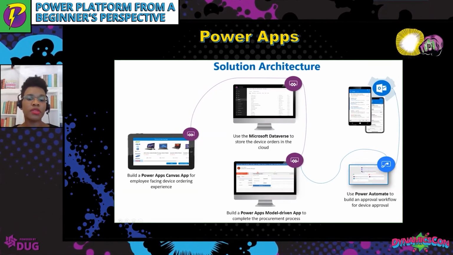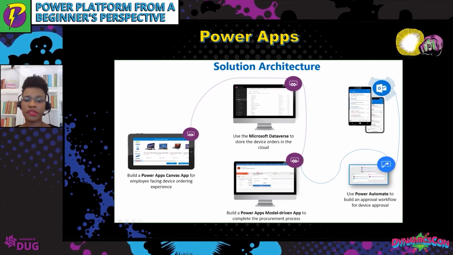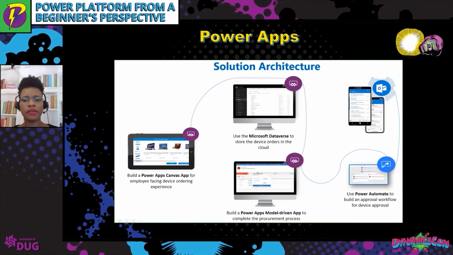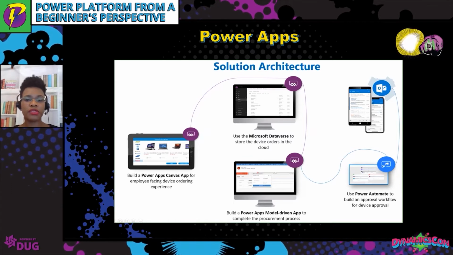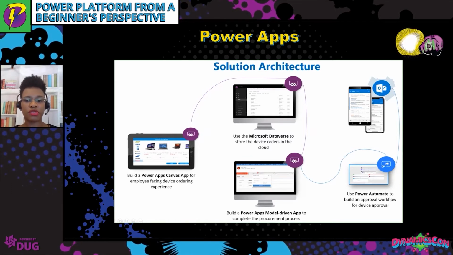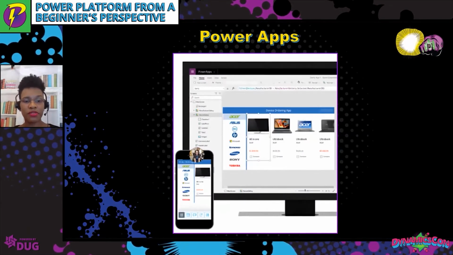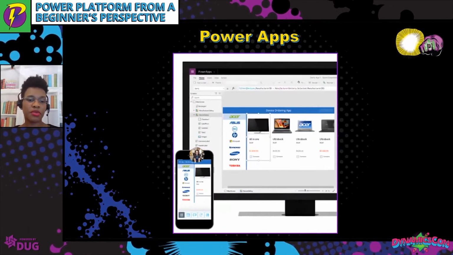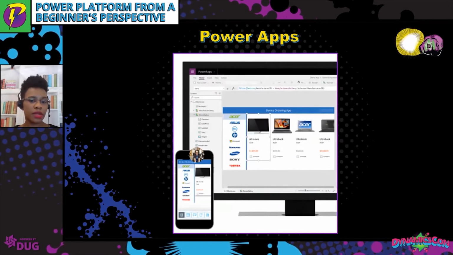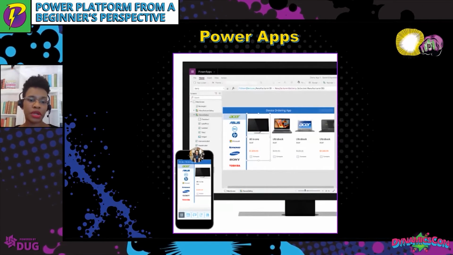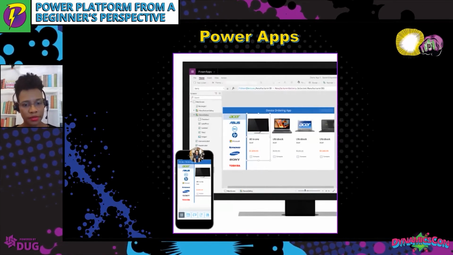Within the Power Platform, you've got guaranteed security, and you have total control of the application within the administration center. So the end result of the app would look something like this, because remember, one of the requirements is to leverage it on your desktop or laptop and also on your mobile.